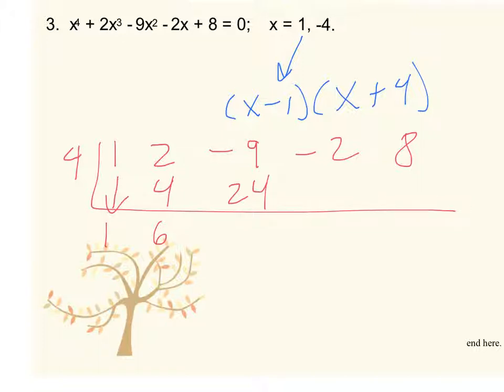Negative 9 plus 24 would be what, 15? 4 times 15 would be 60. Something here has gone terribly wrong in terms of verifying that this is a 0.